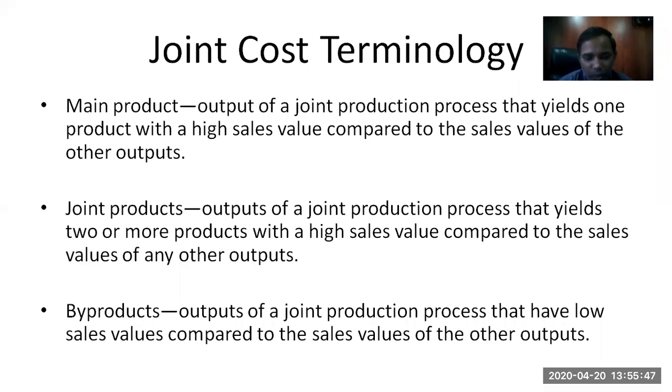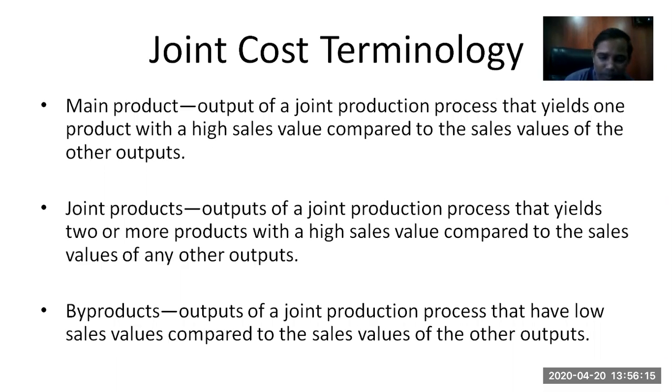So I hope this is clear. Main product: any product that has a high sales value compared to all other products that are being produced from the same production process. Joint product: when more than one product comes out from the joint production process and have equal sales value, almost equal sales value, or very minor differences there, they can be termed as a joint product.